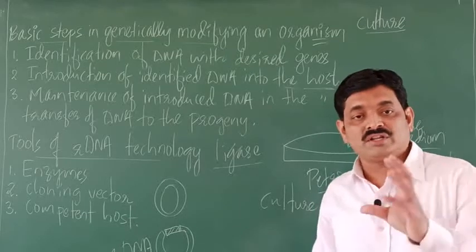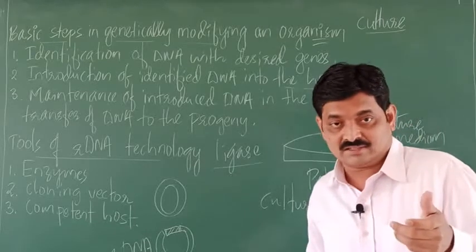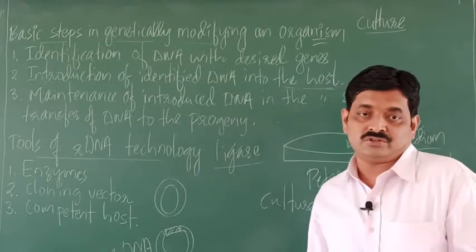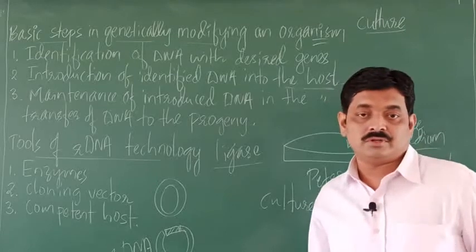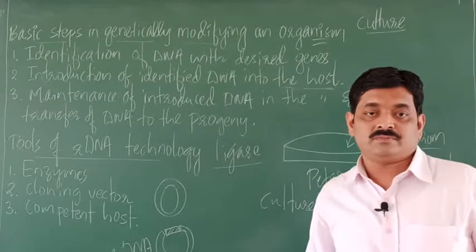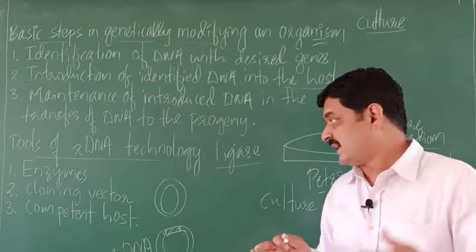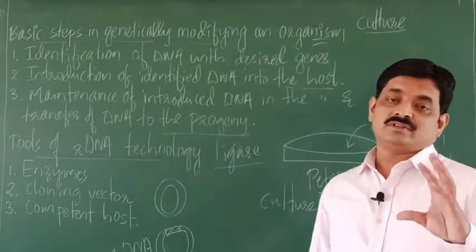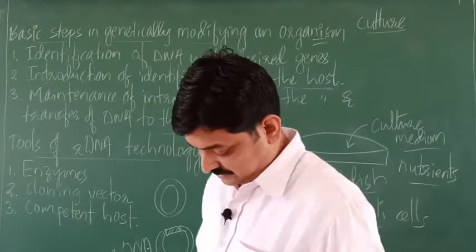So that foreign gene which is present in the E. coli cell is now passed to the next generation. When E. coli cells multiply, that desired gene is passed to the next generation. This is called the third step, where the desired gene is passed to the progeny. This is how you can genetically modify an organism, right?